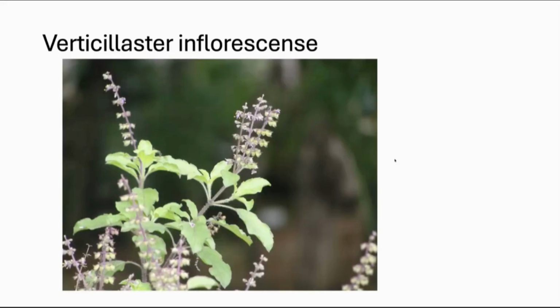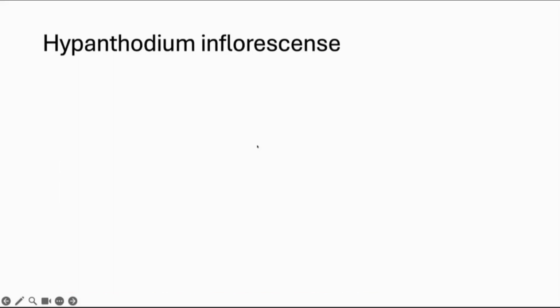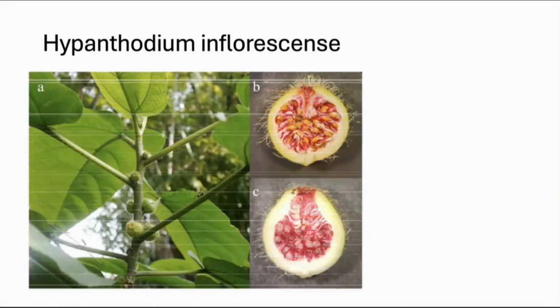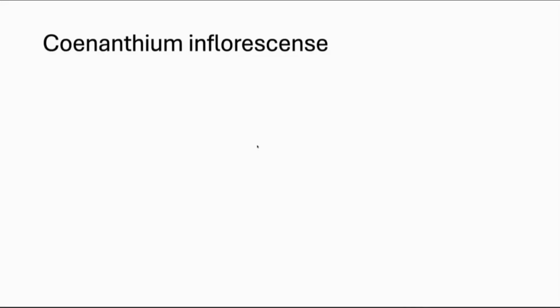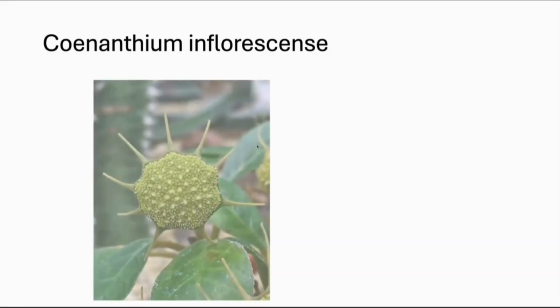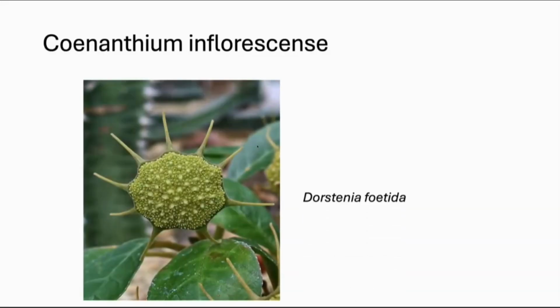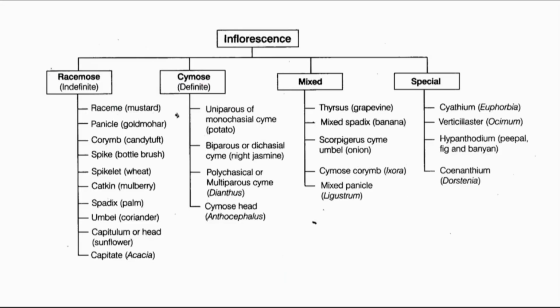Verticillaster inflorescence is there. Example is Tulsi, Ocimum tenuiflorum. So the arrangements will be different. It does not come under racemose, it does not come under cymose also. Hypanthodium inflorescence, example is Ficus hirta, and Synconium inflorescence, example is Dorstenia foetida. So these are the different types of inflorescence.